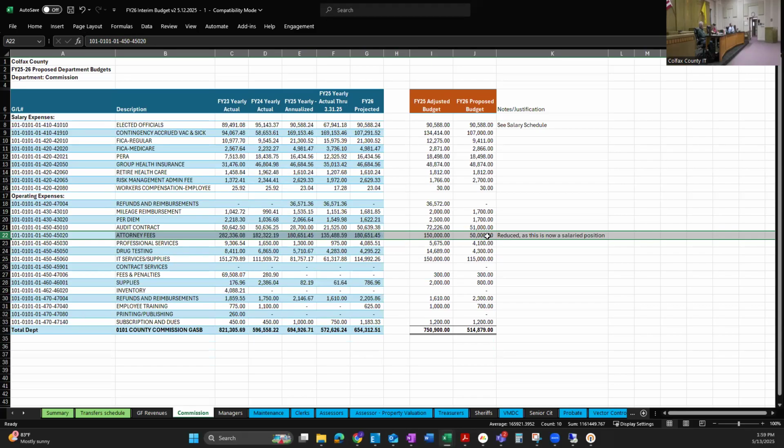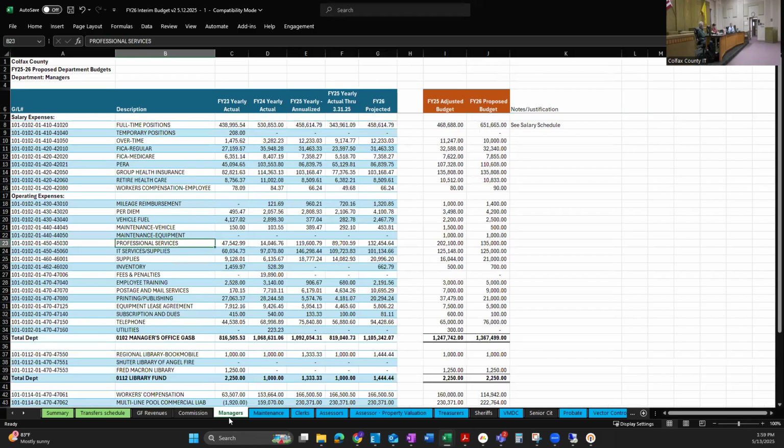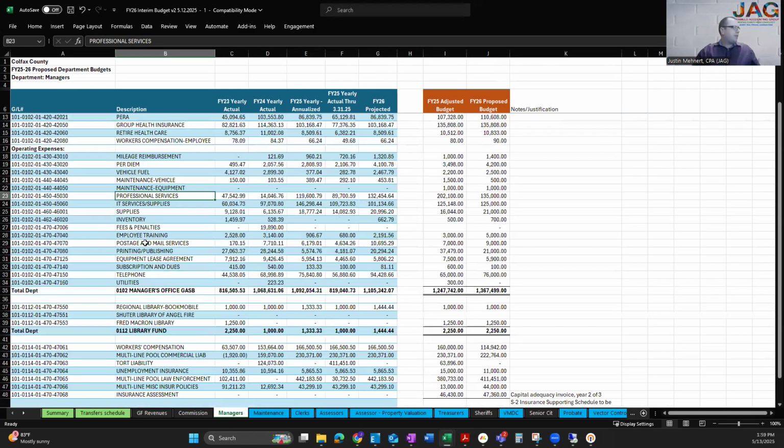Okay, I think that's fine. We do need to somehow, even though the current county attorney is paid underneath the manager's office, he does incur expenses per the contract, so I'd anticipate 20,000 a year. And that's under manager's office.